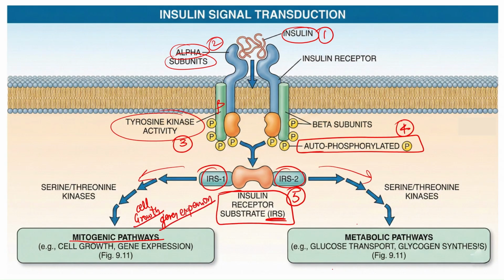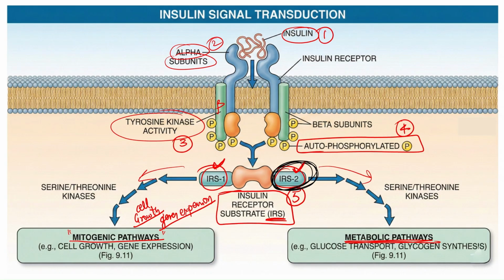The growth of the cell and the expression of the genes is carried out by the mitogenic pathways, which in turn are activated by the IRS1 pathway. Then the IRS2 pathway: this branch primarily regulates the metabolic pathways. So far, we have been discussing glycolysis, glycogenolysis, gluconeogenesis, all these metabolic pathways are carried out by IRS2, that is insulin receptor substrate 2.